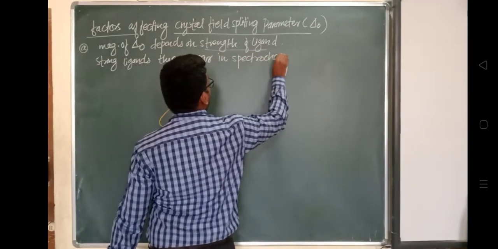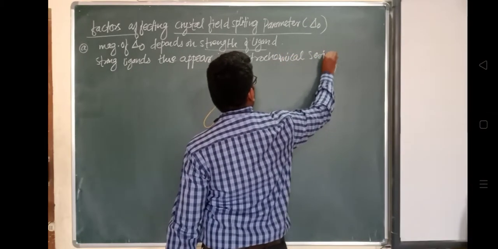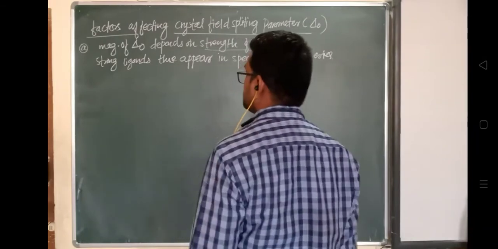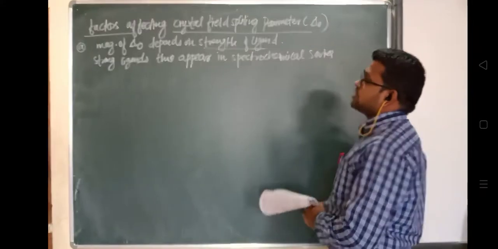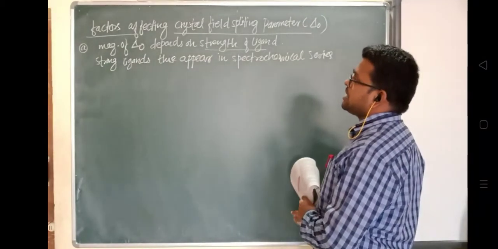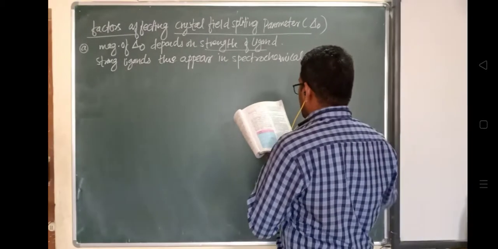We have also seen what the strong ligands are. Those are bonded with carbon, nitrogen, and phosphorus. So the strong ligands in the spectrochemical series approach closer to the central metal.